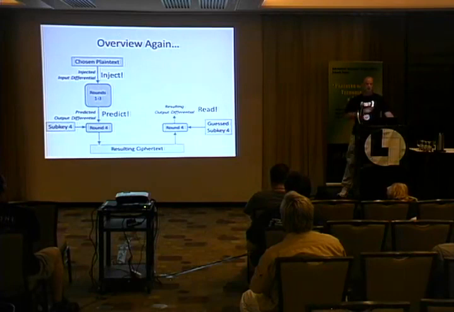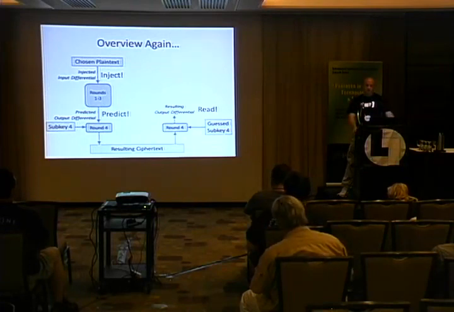We decrypt it, but not all the way. We decrypt it based on a guess that we make at the last round subkey. And we get a pair of numbers, we get their differential, we read it, and we see if it matches the prediction. If it does, then the subkey we used to make that guess gets a point. Its score goes up. If you do this over and over again, the correct subkey will emerge.